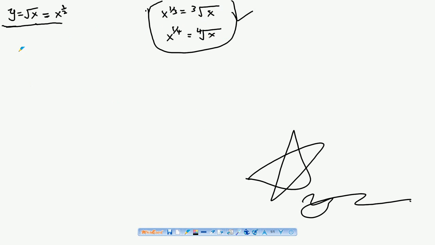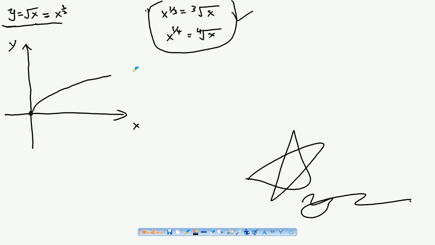Now I'm going to show you the standard graph of y equals square root of x. The graph starts from the origin and it would look like that, and it keeps increasing until x is infinity and y will be infinity.